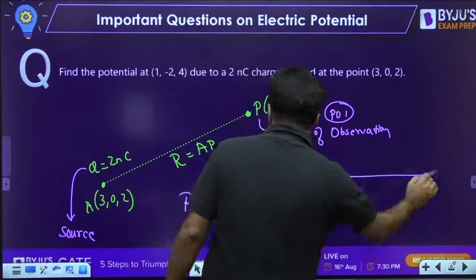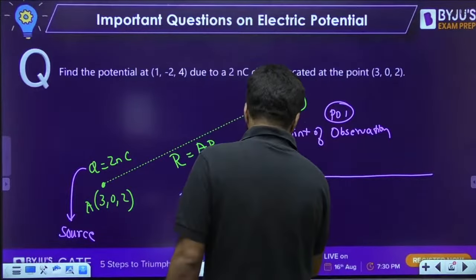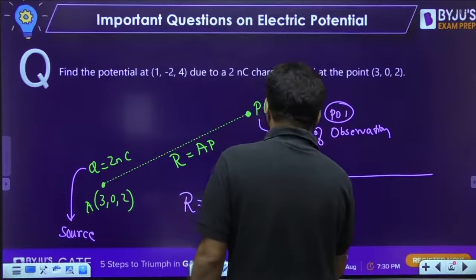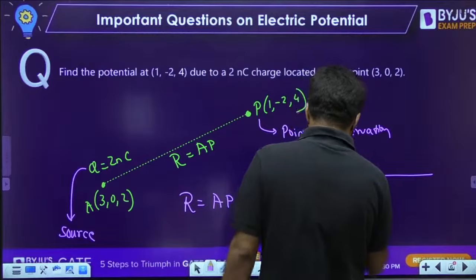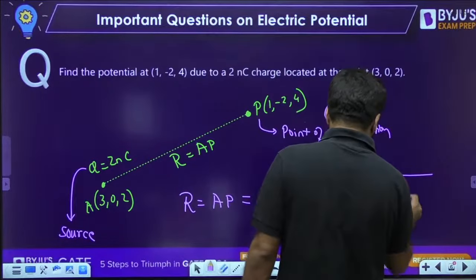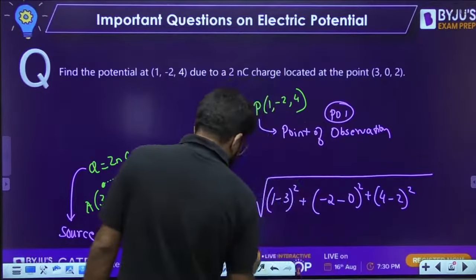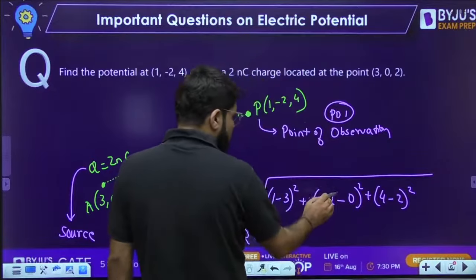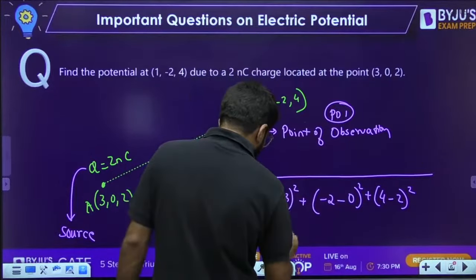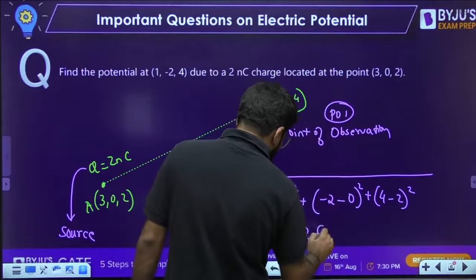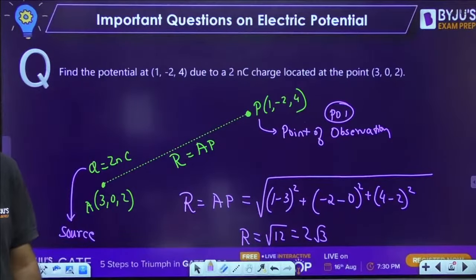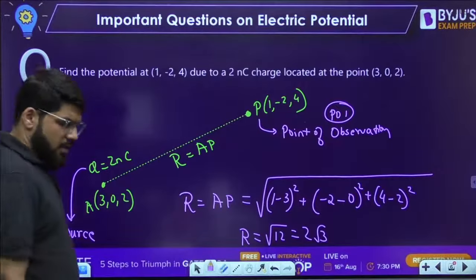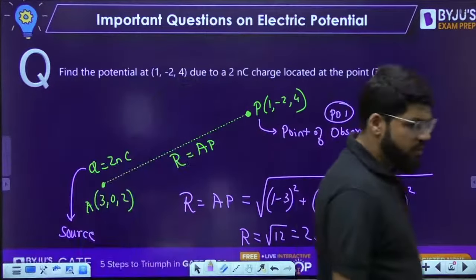Root over of x2 minus x1, that is 1 minus 3 whole square, plus y2 minus y1, minus 2 minus 0 whole square, plus z2 minus z1, that is 4 minus 2 whole square. Eventually this is 2 square 4, again 2 square 4, again 2 square 4, so root over of 12, or you can call it 2 root 3. So the distance is equal to 2 root 3.